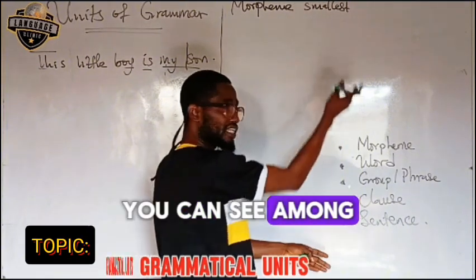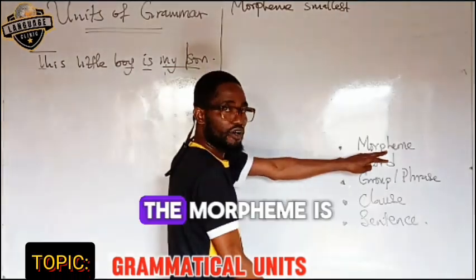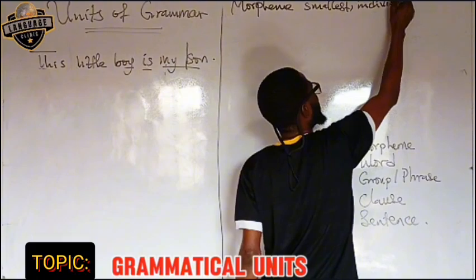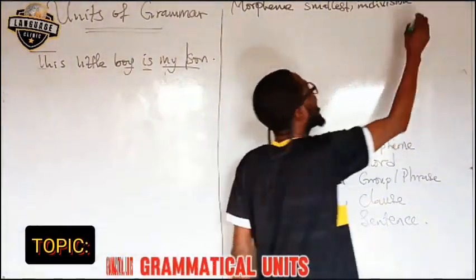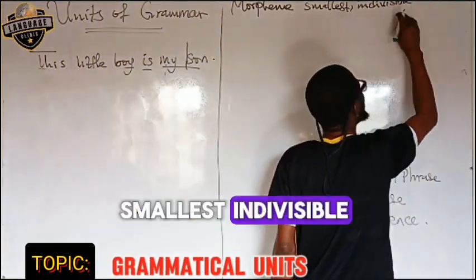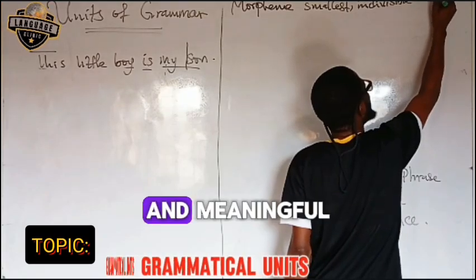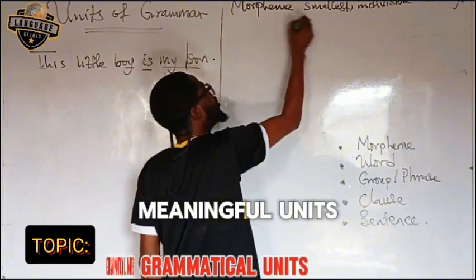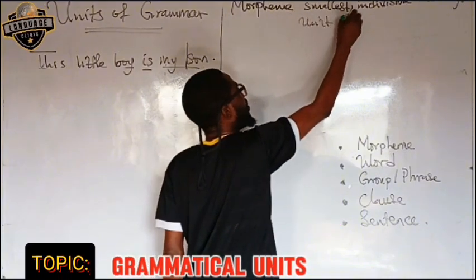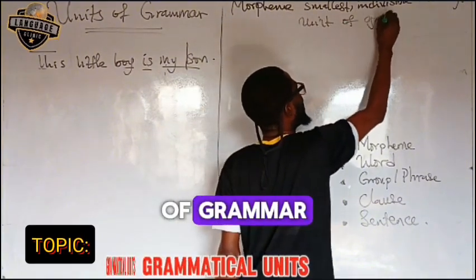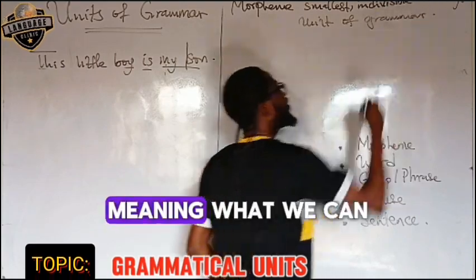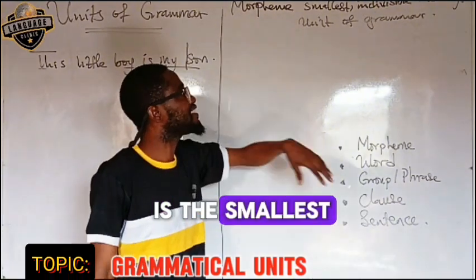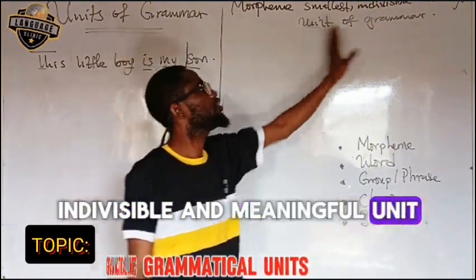You can see among them in a hierarchical order, the morpheme is the smallest indivisible and meaningful unit of grammar. We say the morpheme is the smallest indivisible and meaningful unit of any grammar.